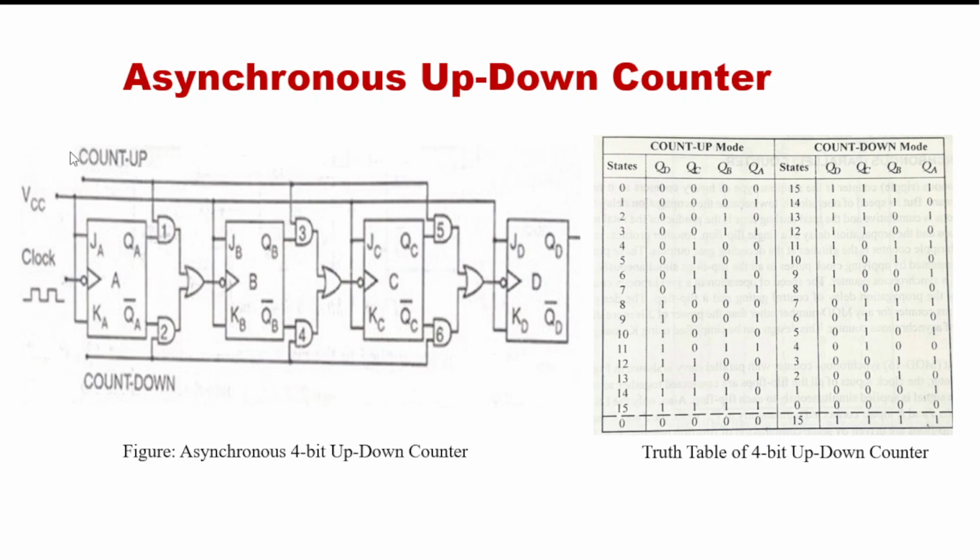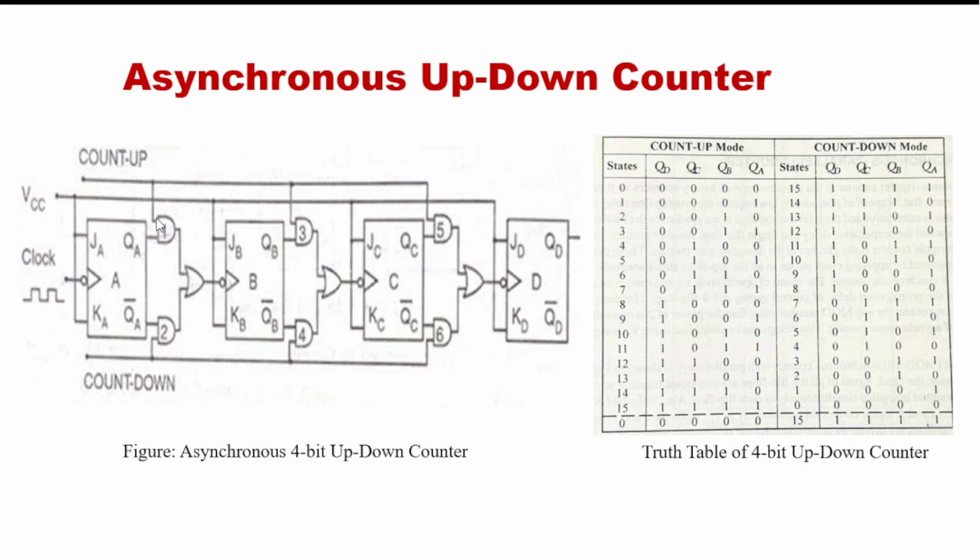So how will it do this? First I will explain how I will count up. In that case, you can see there is a count up line and a count down line. There are basically AND gates 1, 3, 5.